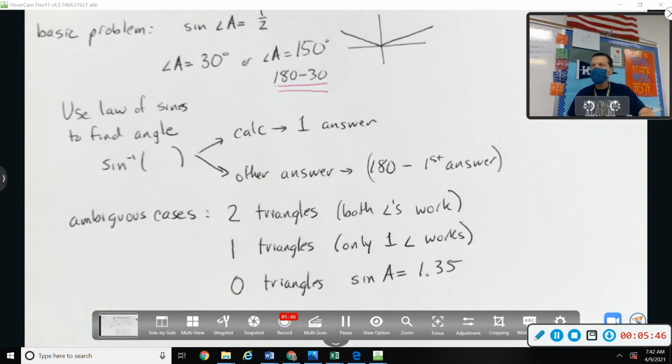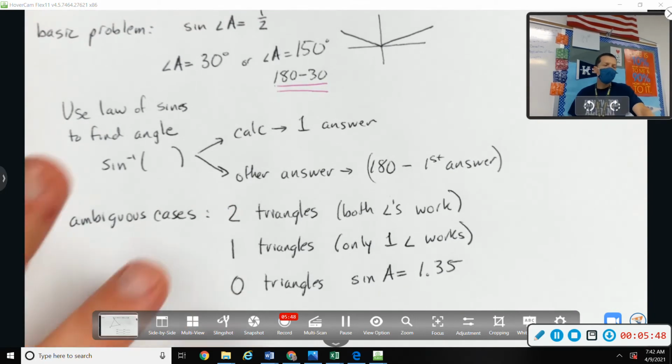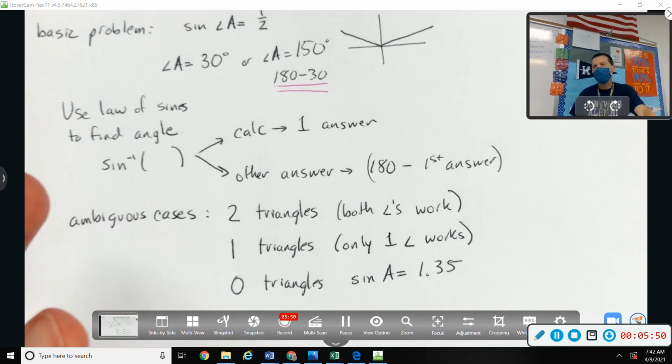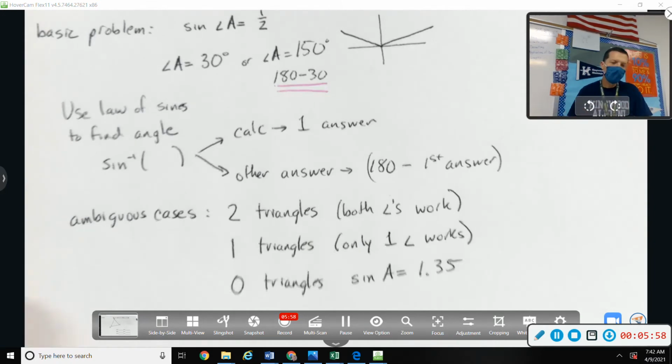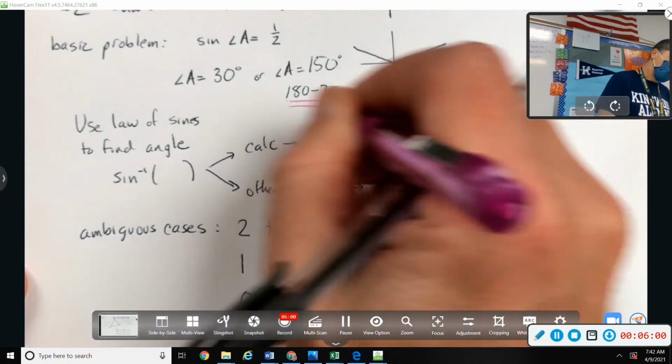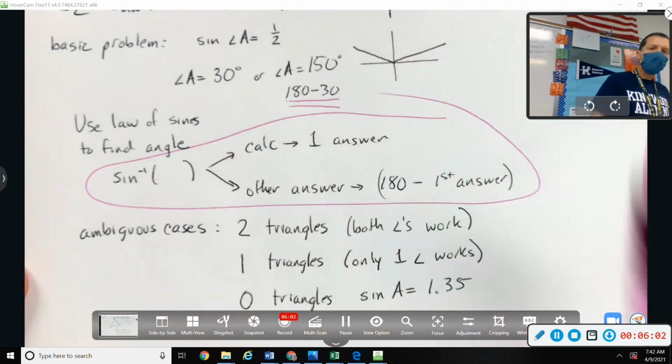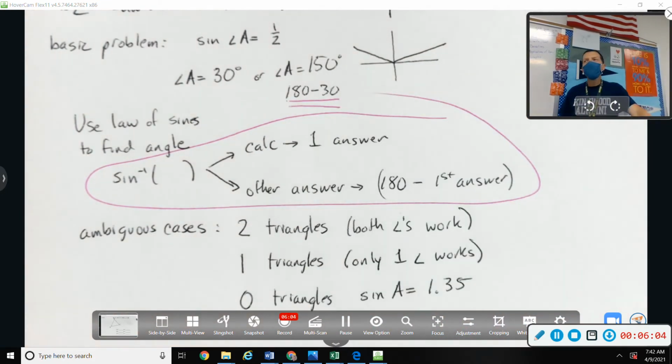Just work the problem like normal, and the cases will take care of themselves. So it's not like you have to memorize, well, what leads to this, but what leads to that, what leads to this other one. Just work the problem like normal. Remember, that's the key thing, and the cases will take care of themselves.